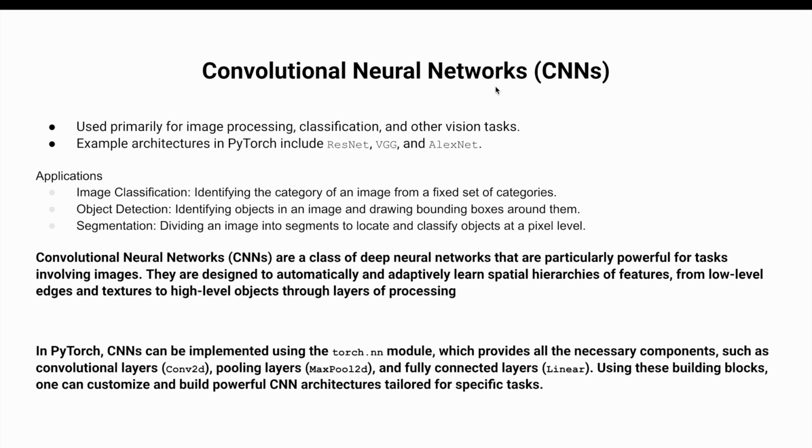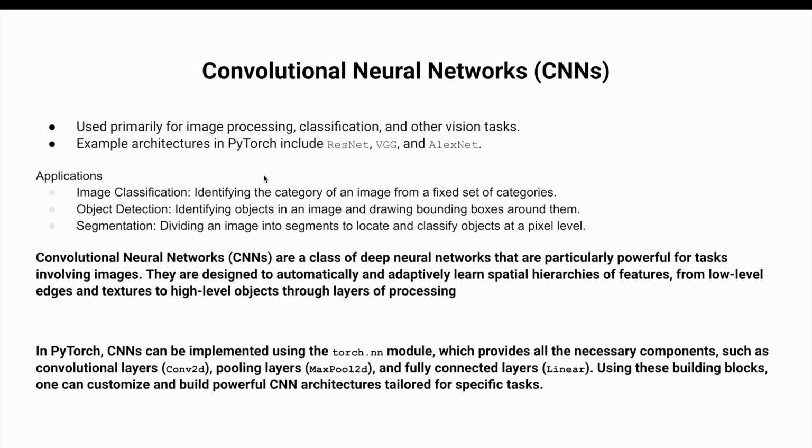The convolutional neural networks, or CNNs, are used primarily for image processing, classification, and other vision tasks. Example architectures in PyTorch include ResNet, VGG, and AlexNet.